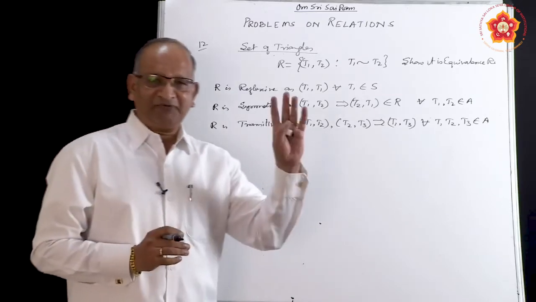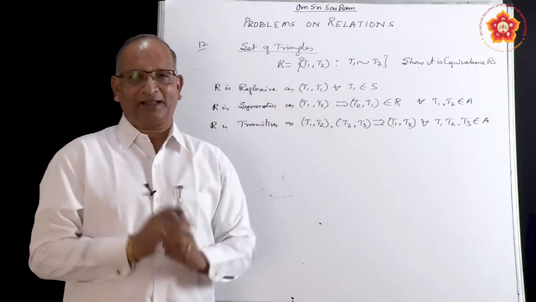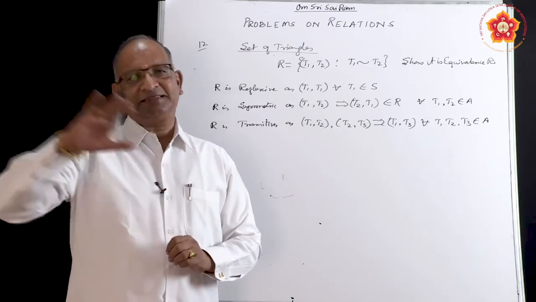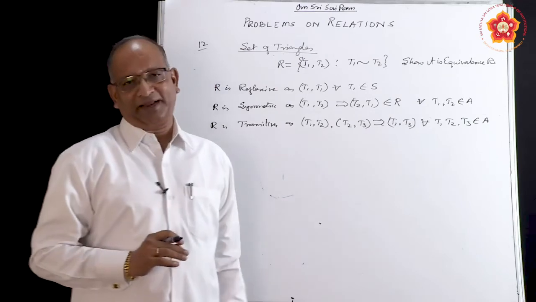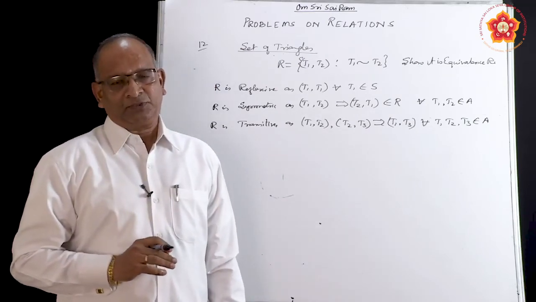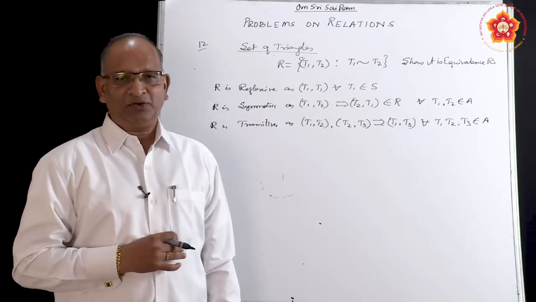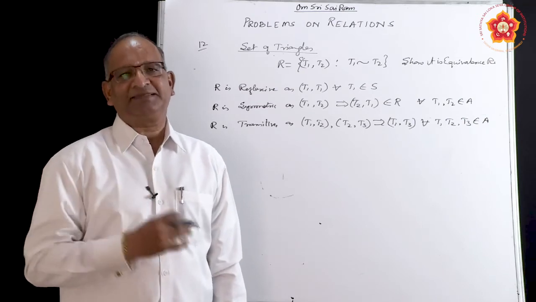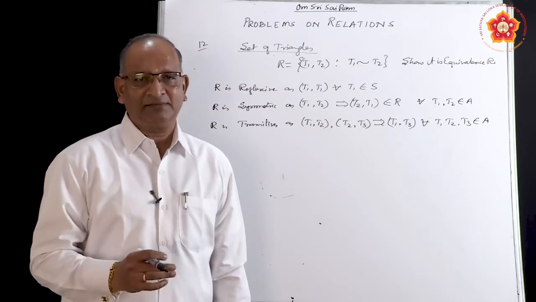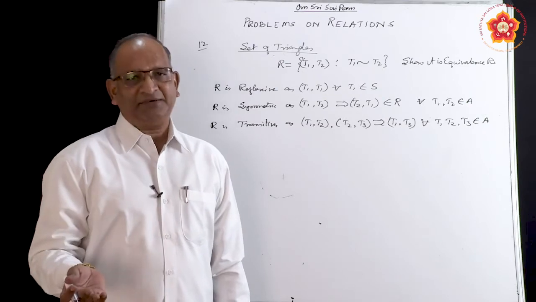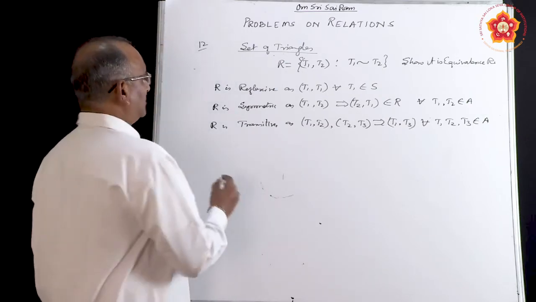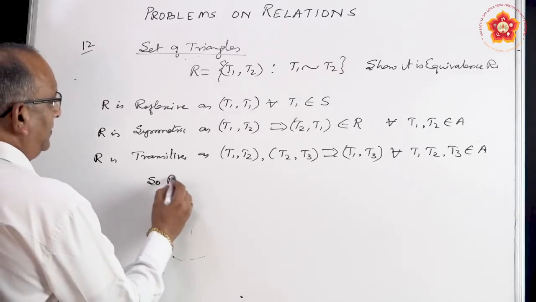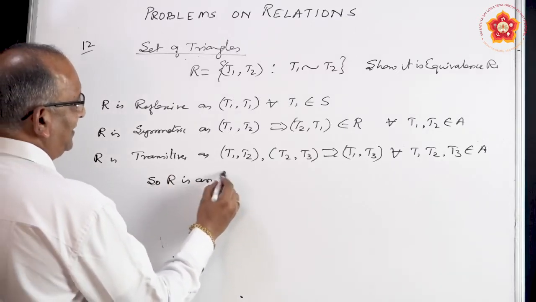It is telling that if the first triangle is similar to the second triangle, and the second triangle is similar to the third triangle, the first triangle is similar to the third triangle. So it is transitive. So we found that the given relation of similarity between triangles is reflexive, symmetric as well as transitive. So R is an equivalence relation.